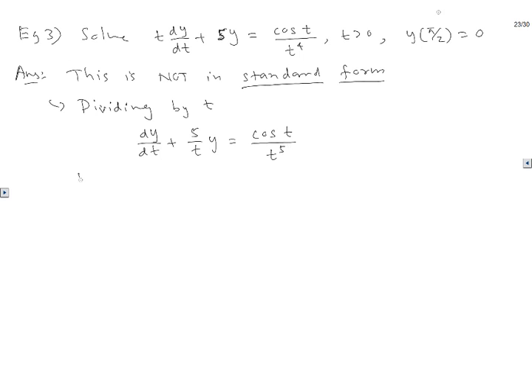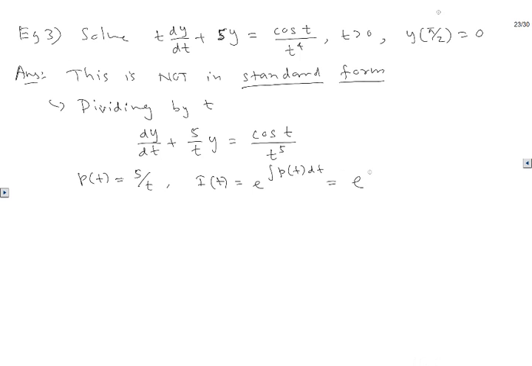So now p(t) equals 5 over t. So the integrating factor equals e to the integral of p(t) dt. So let's plug in there.